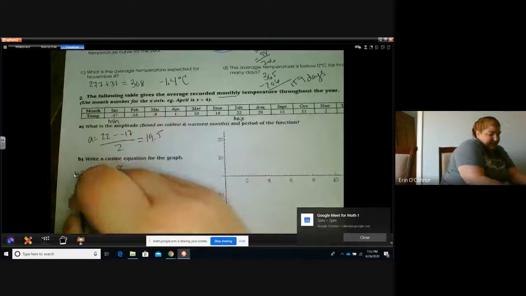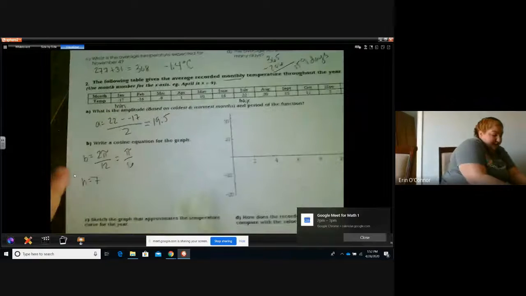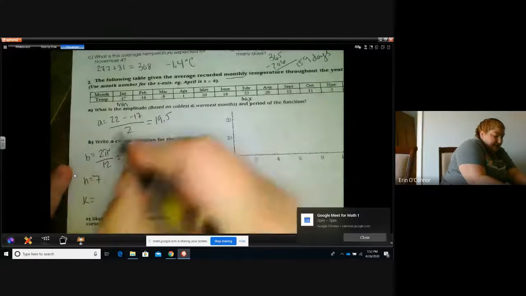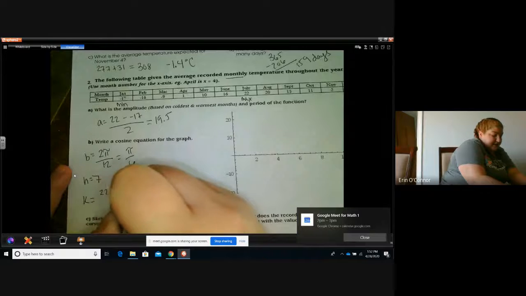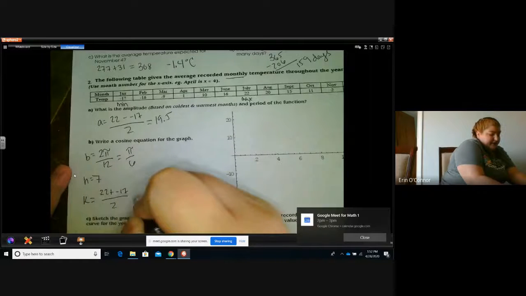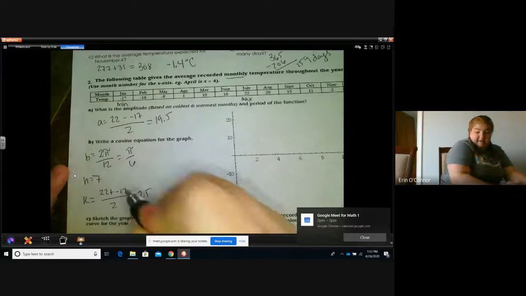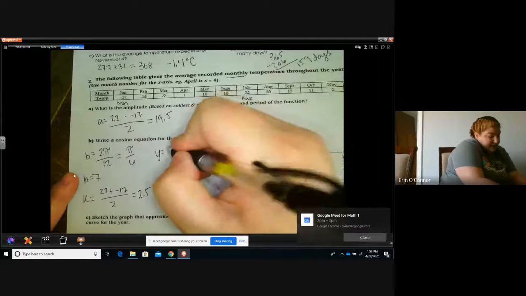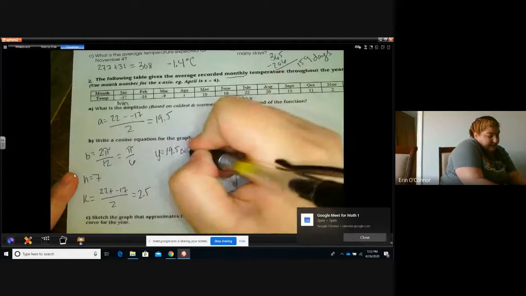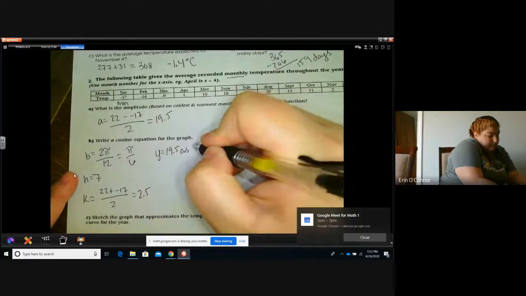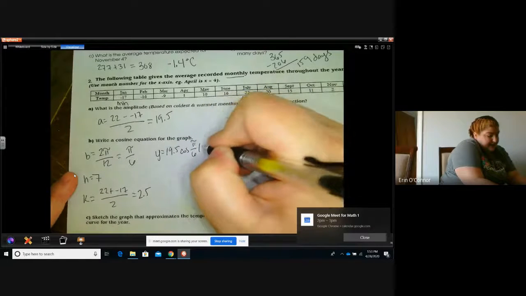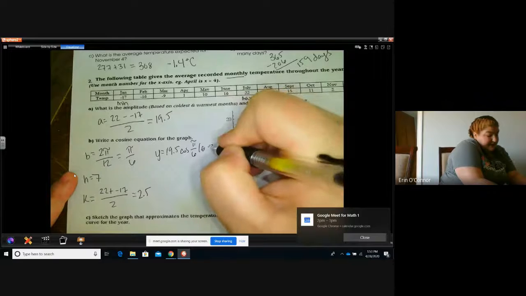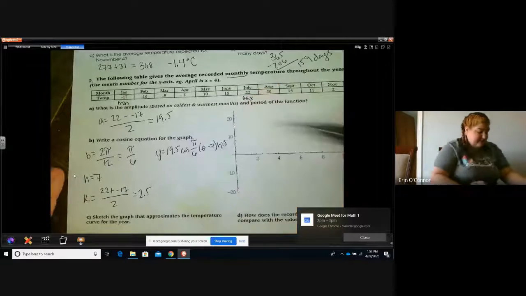So my h this time is 7. And then my k is my midline. So we add 22 plus negative 17 divided by 2, which is 5 divided by 2, which is 2.5. Which means my function is y equals 19.5 cosine pi over 6 theta minus 7 plus 2.5.